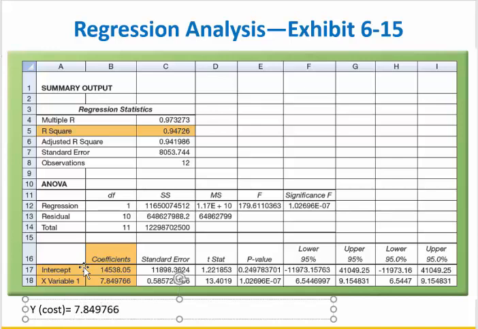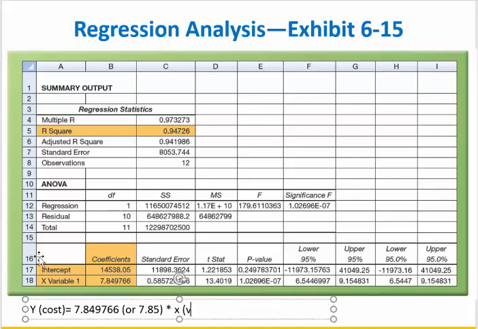7.849766. Okay. Sometimes you may not need to use that number. Sometimes a question may say, well, you might want to round to the nearest cent or whatever. So let me put the 7.85 as well, just in case. Some questions may require you to have 3 decimal places or 4 decimal places for the solutions. So you can use either one of them. Then I'm going to multiply the slope by x.